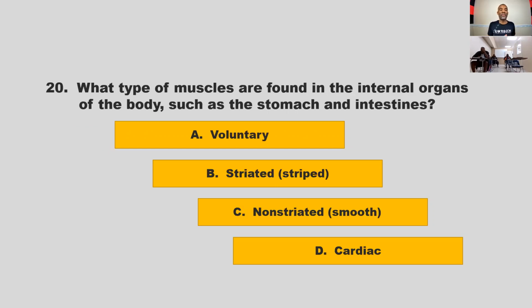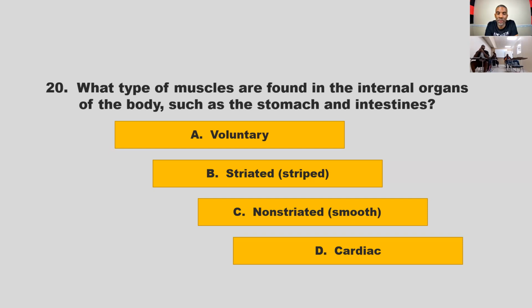So what type of muscles are found in the internal organs of the body, such as the stomach and intestines? Is it voluntary, striated, non-striated, or cardiac? You'll be able to find this answer on page 151.